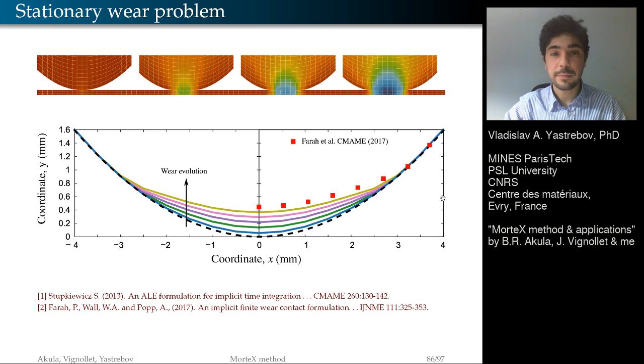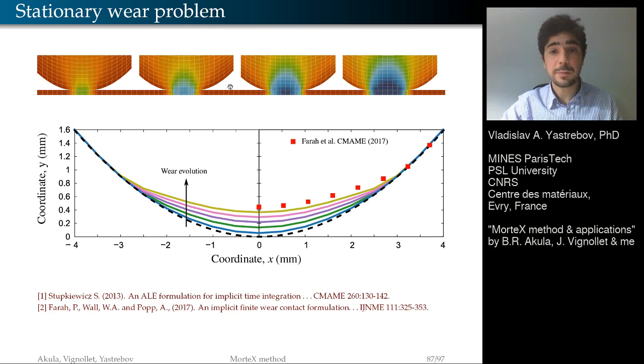Okay. And here is the use of these dual shape functions for the stationary wear problem suggested and treated by Stupkevich, and Philip Farah and collaborators in a recent paper. So it's a slider brought in contact with a rigid substrate, and later it slides and begins to wear out.